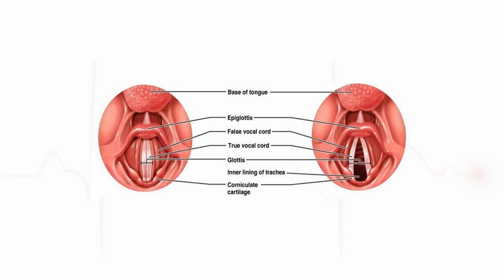And you'll notice that by looking at this superior view of the larynx, to get in to the larynx, there are two what are called vocal cords.